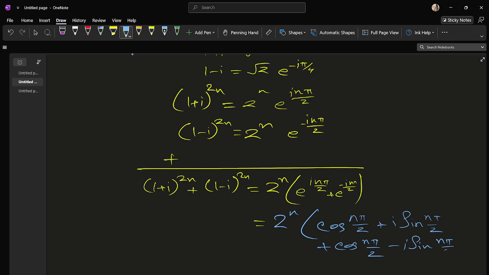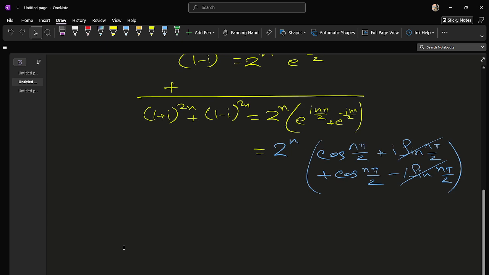So the sine terms cancel out, and we get 2 to the power n into 2 cos n pi by 2.